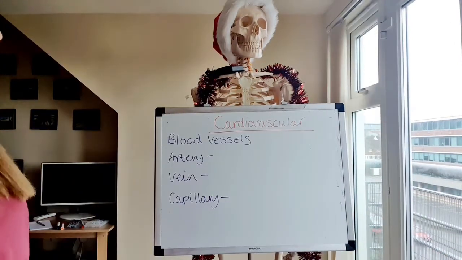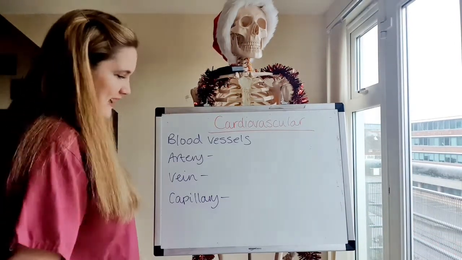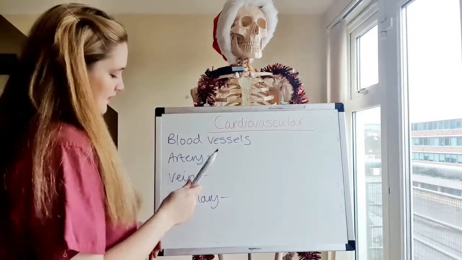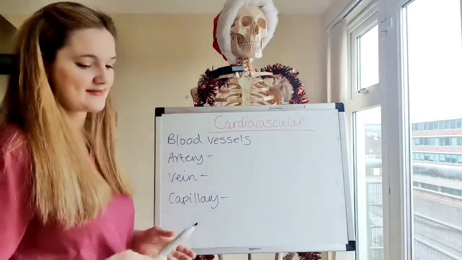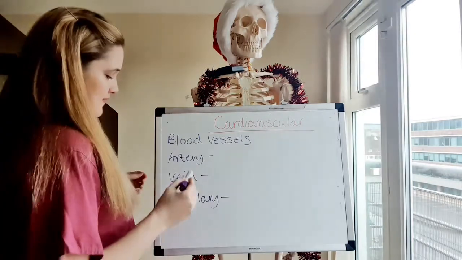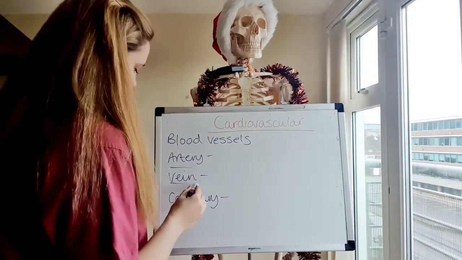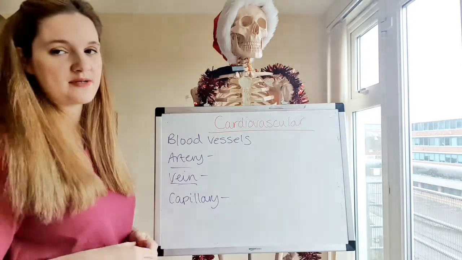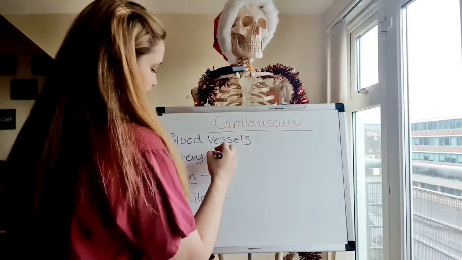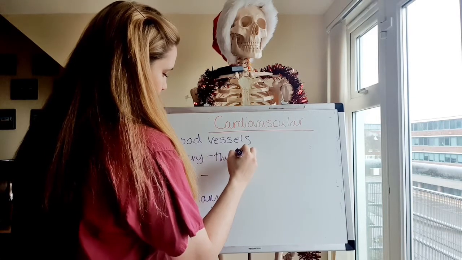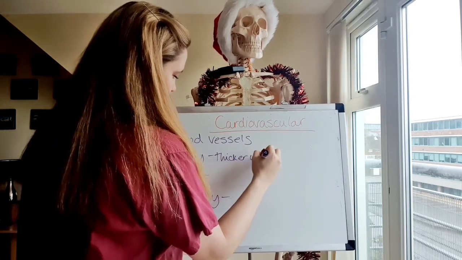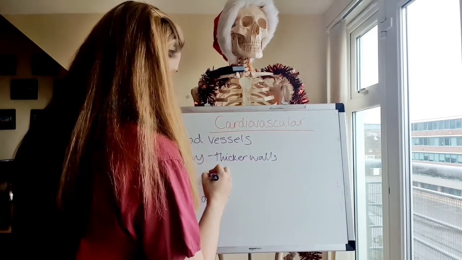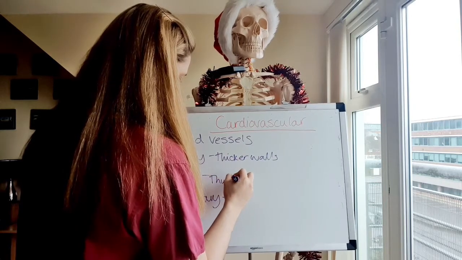Now let's get into blood vessels. The blood vessels that we have within the cardiovascular system are arteries, veins, and capillaries, and I want to go through the differences between them. Arteries and veins are not too dissimilar from each other, but they do have their differences. Arteries have much thicker walls, so naturally veins will have thinner ones.